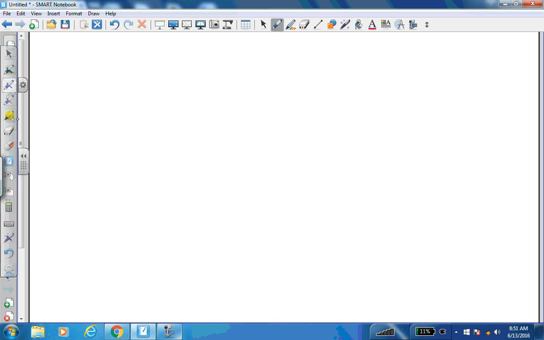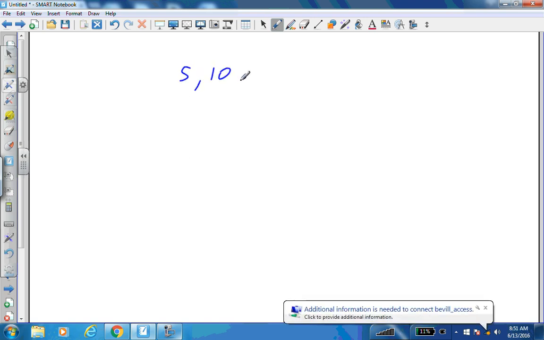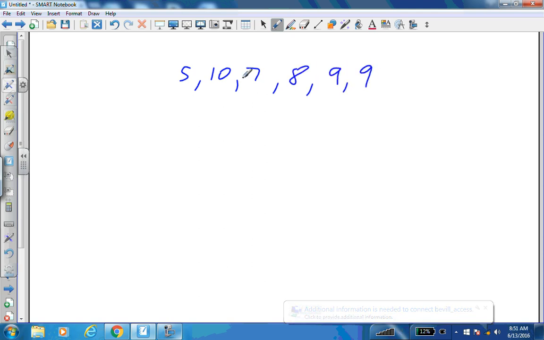So if we have a set of data, let's suppose I give 7 people quizzes. Someone made a 5, someone made a 10, someone made a 7, an 8, a couple 9s, and a 6 out of 10. Let's find out the standard deviation, which is basically on average how far these data values are from the mean.